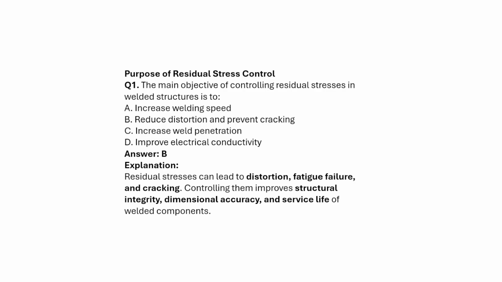So the answer will be reduce the distortion and prevent the cracking. Residual stresses can lead to distortion, fatigue failure and cracking. Controlling them improves the structural integrity, dimensional accuracy and service life of the weld component.